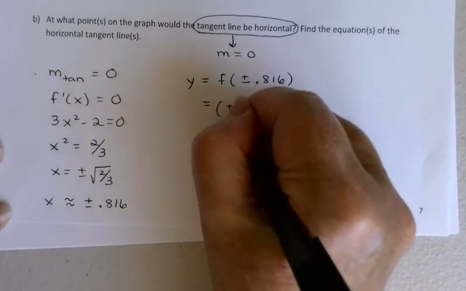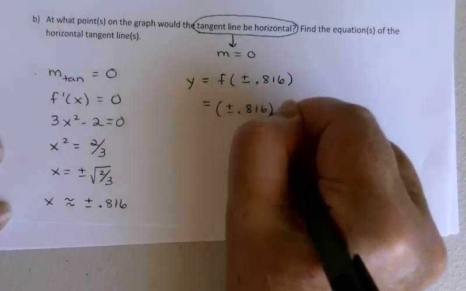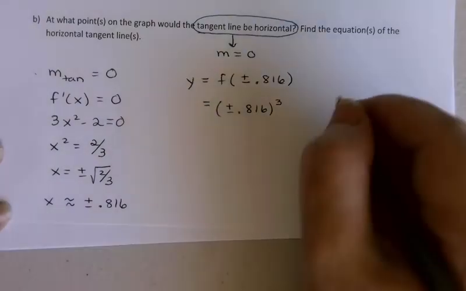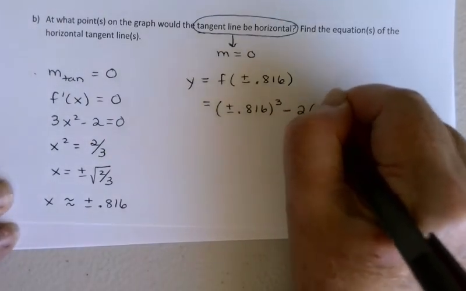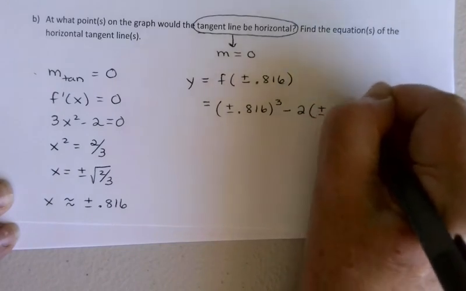So I'd have plus or minus 0.816 cubed minus 2 times plus or minus 0.816.